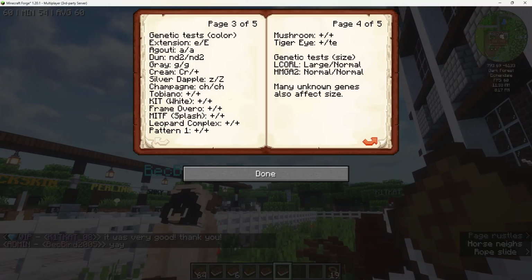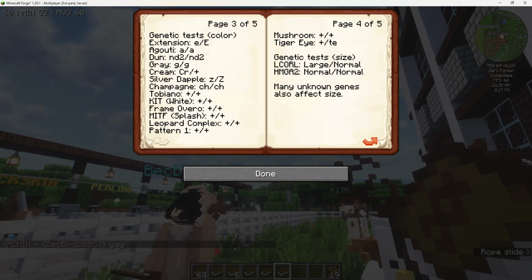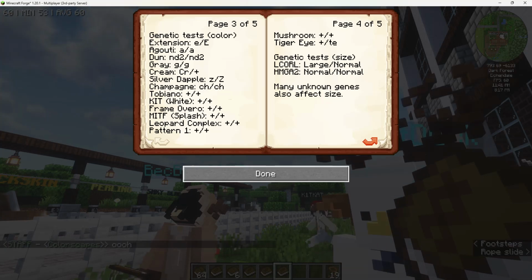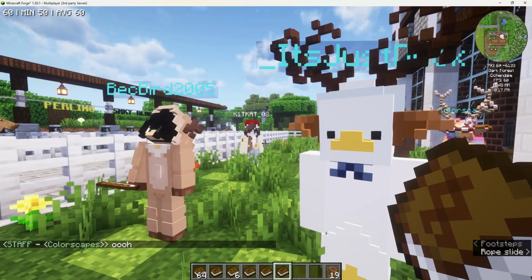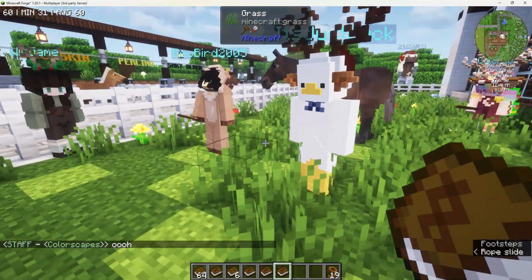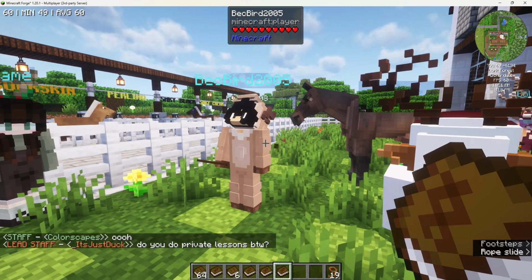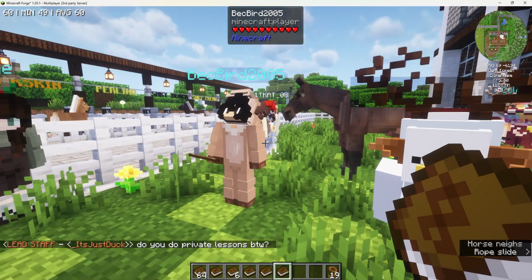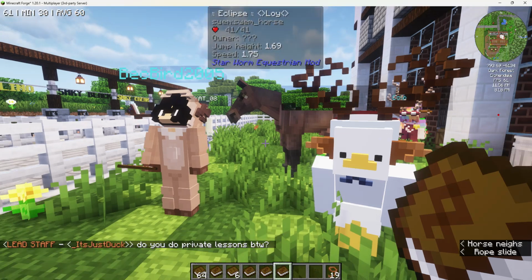We've still got a lot to go. We're probably going to do champagne next, and then we'll do a lecture with all the unique colors, and then we will do patterns.